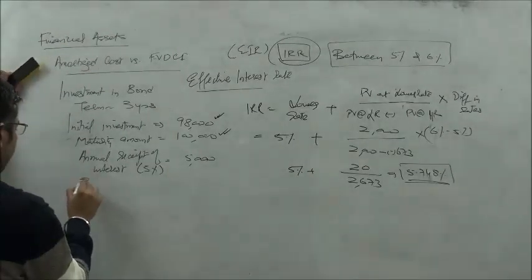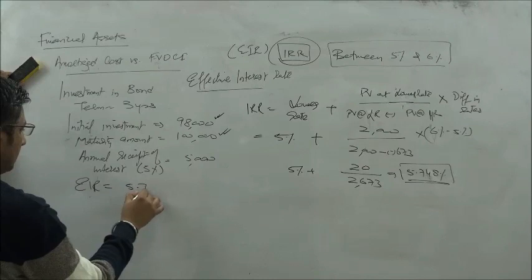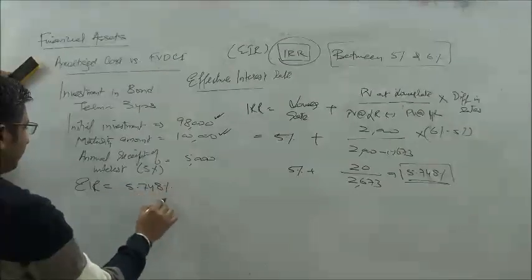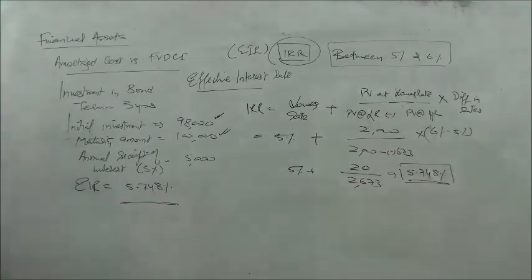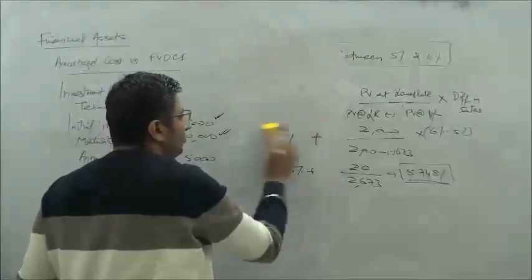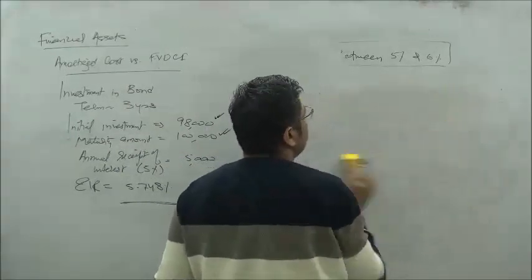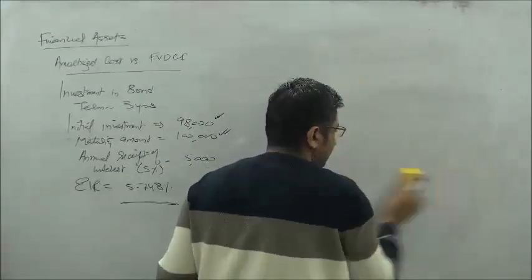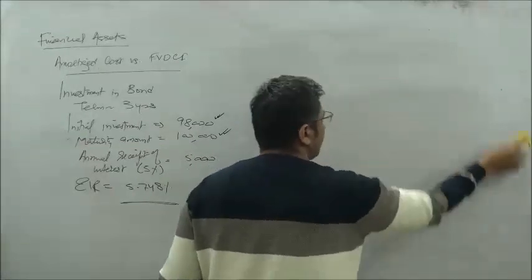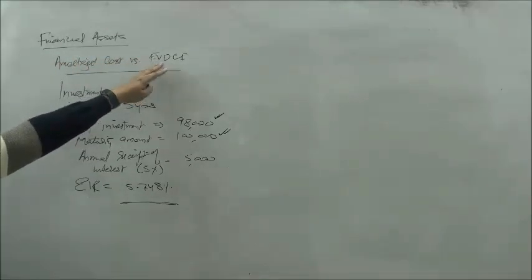So I'm saying that my effective interest rate is 5.748%. How do I use it in terms of accounting when we do the classification of this investment under amortized cost? Okay, let's quickly have a look at that first, and then we want to check the same from an FVOCI's perspective.